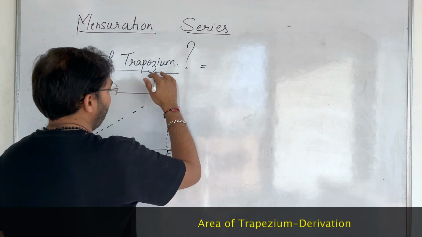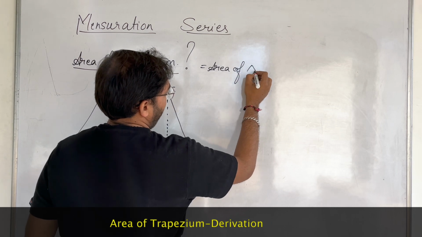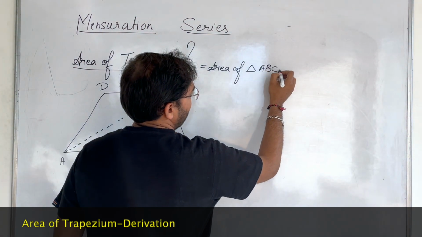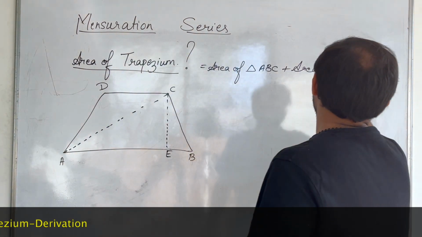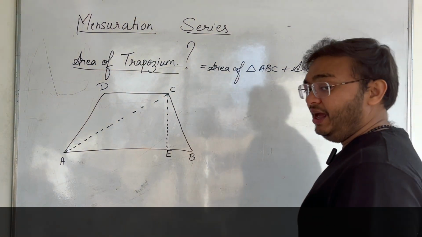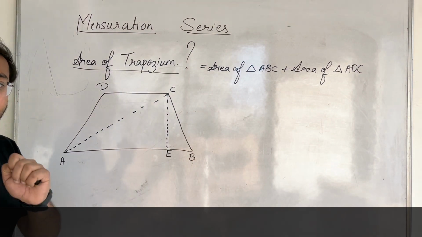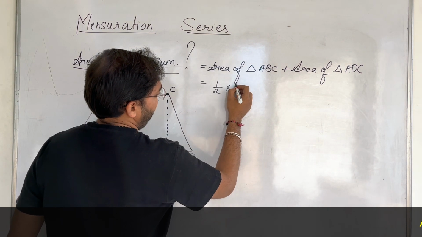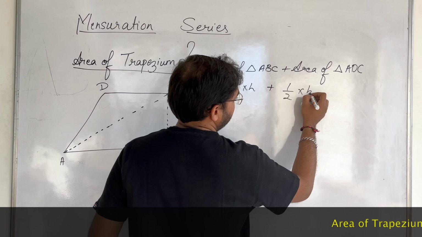So let us write: area of trapezium equals area of triangle ABC plus area of triangle ADC. Now we know the basic formula for the area of a triangle, that is half into base into height. So let us write over here: half into base into height plus half into base into height.